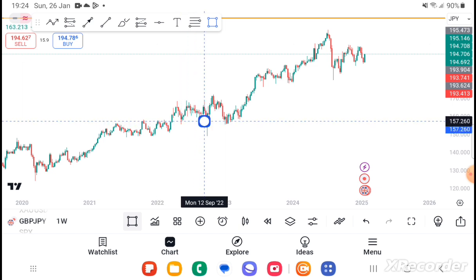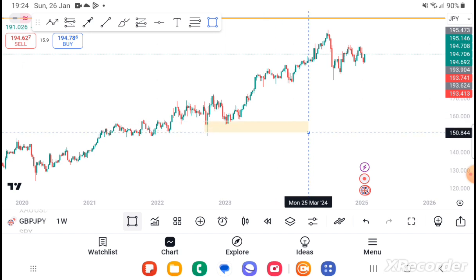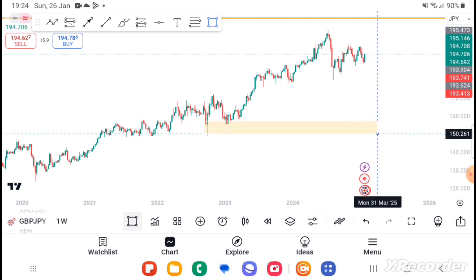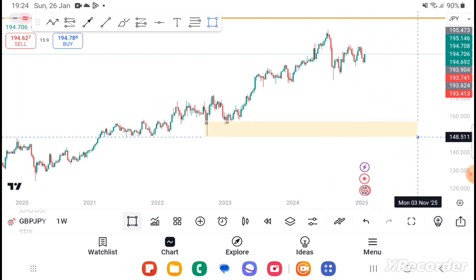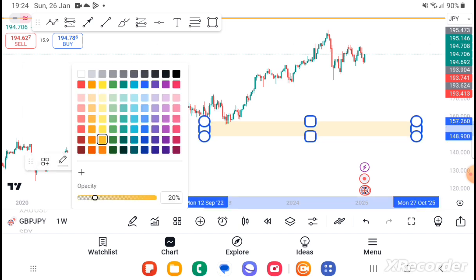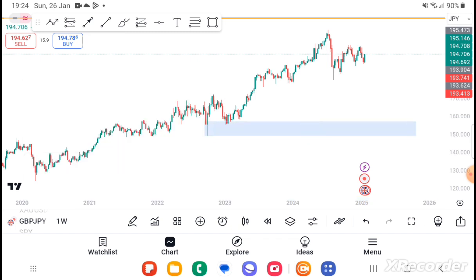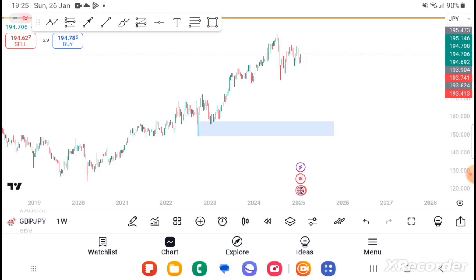Let me just take it from this side. Right. I don't like this color. Okay, I'll take this one. So we have a major order block here, even though there are some below it.